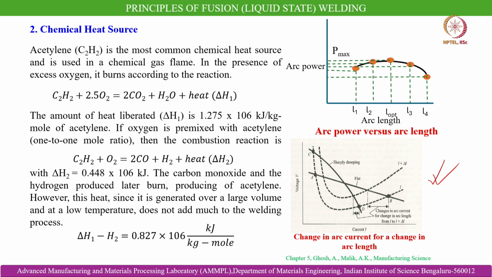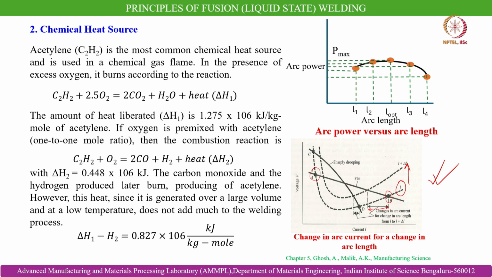Here, if there is an increase in the arc length from L to L plus delta L, and the current voltage characteristic is a flat one, that means it follows the line AB, you can see that because of the change in the arc length, there is a significant change in the current. This much is the change in the current as shown by this arrowed line, and then the corresponding change in voltage can be marked from here.